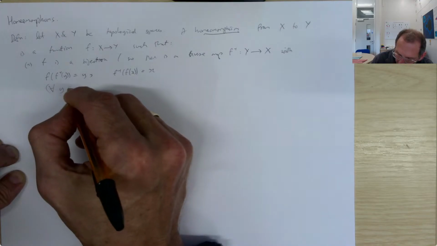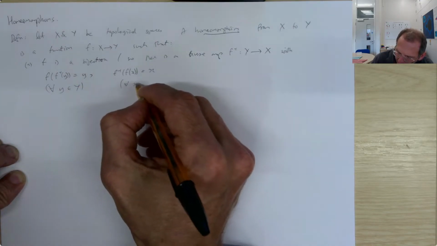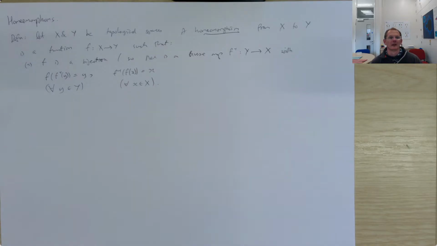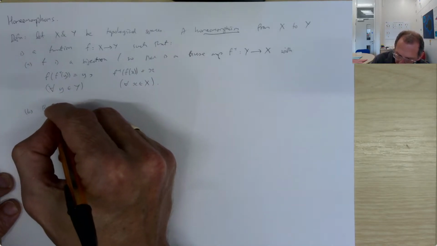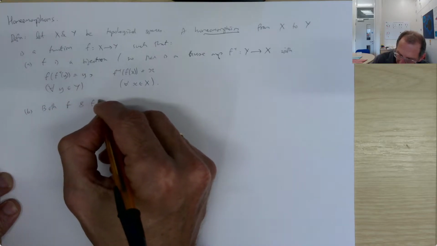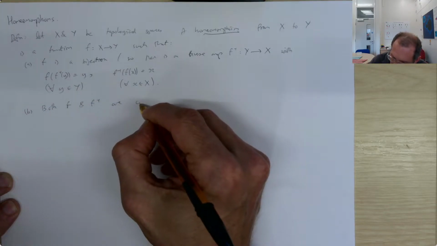That's for all y in Y, and this is for all x in X. Okay, so that's the first condition, that f has to be a bijection, and secondly, both f and f inverse are continuous.